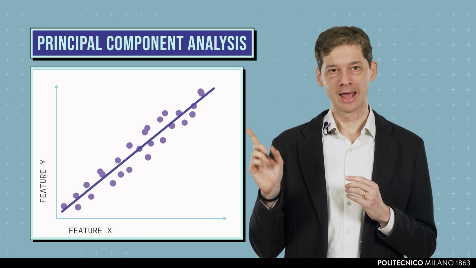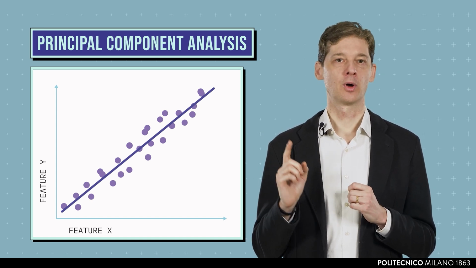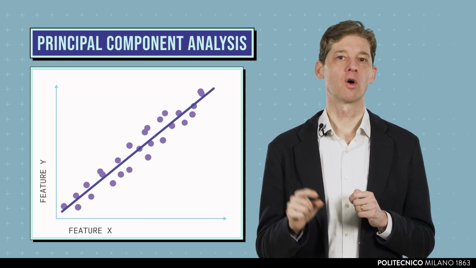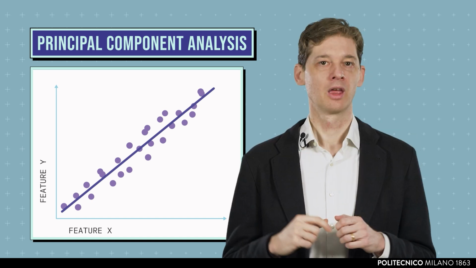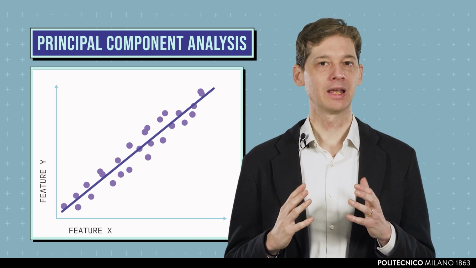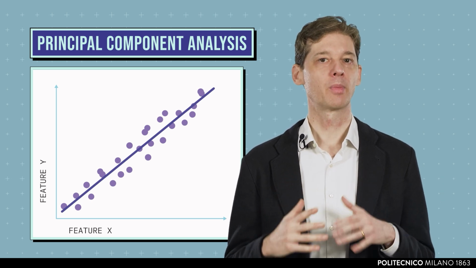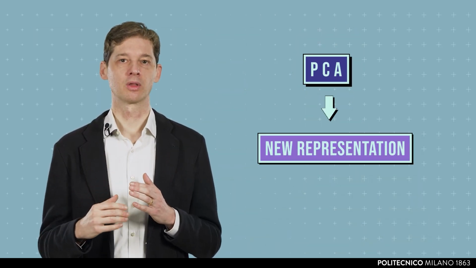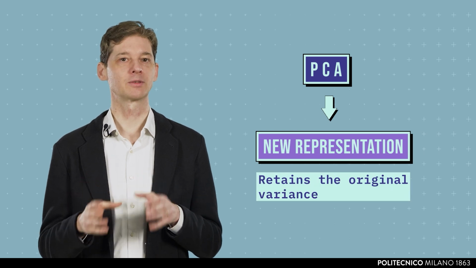If we consider that line and we project all the points onto that line, this will entail a linear transformation of our data. This new feature allows us to replace the two original features while preserving the original information as much as possible. As we will see, the goal of PCA is to produce a new representation that retains the original variance as much as possible.